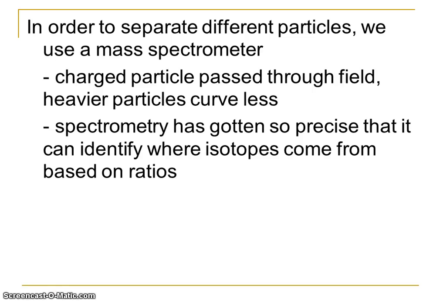Now, how do they figure out what these actual percentages are? Well, they use something called a mass spectrometer. Basically, what a mass spectrometer does is it takes a sample of an element and atomizes it, and then it separates it into piles based upon how far those different isotopes are able to travel through a magnetic field.